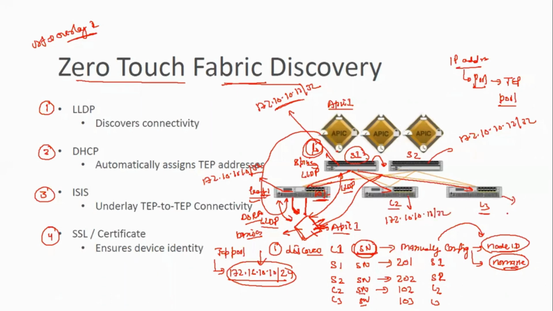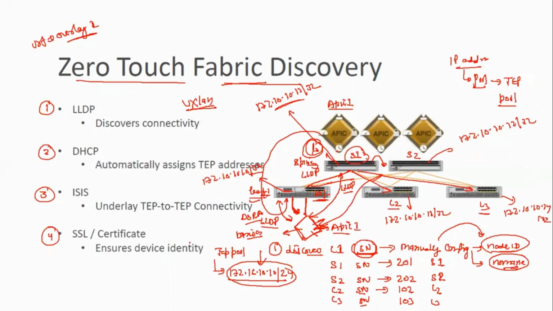So each leaf and spine will have a unique IP address from that TEP pool, and that will be used for your traffic flow. And I said there will be no IP routing, VXLAN works here. All your communication will be on VXLAN, right?